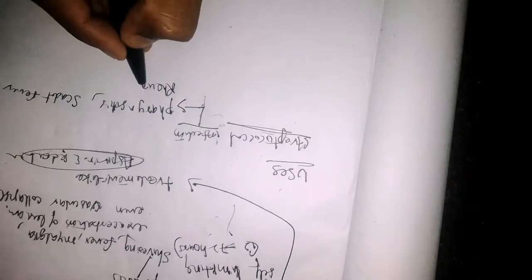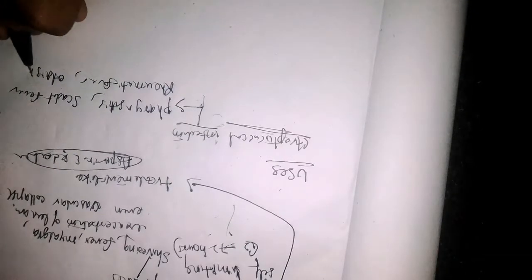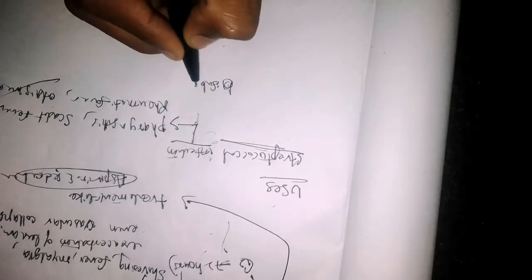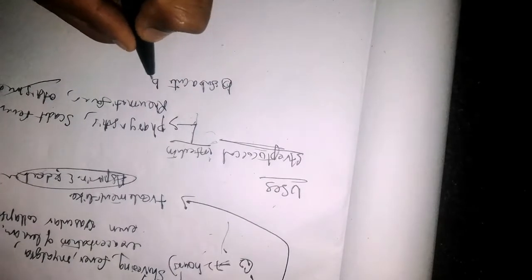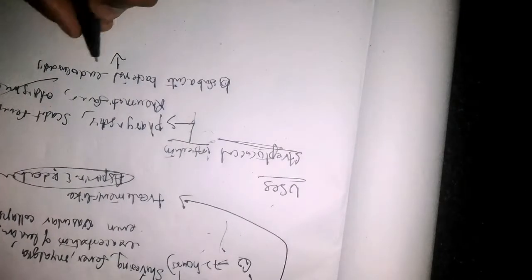For subacute bacterial endocarditis caused by Streptococcus viridans and faecalis, we can use it intravenously.